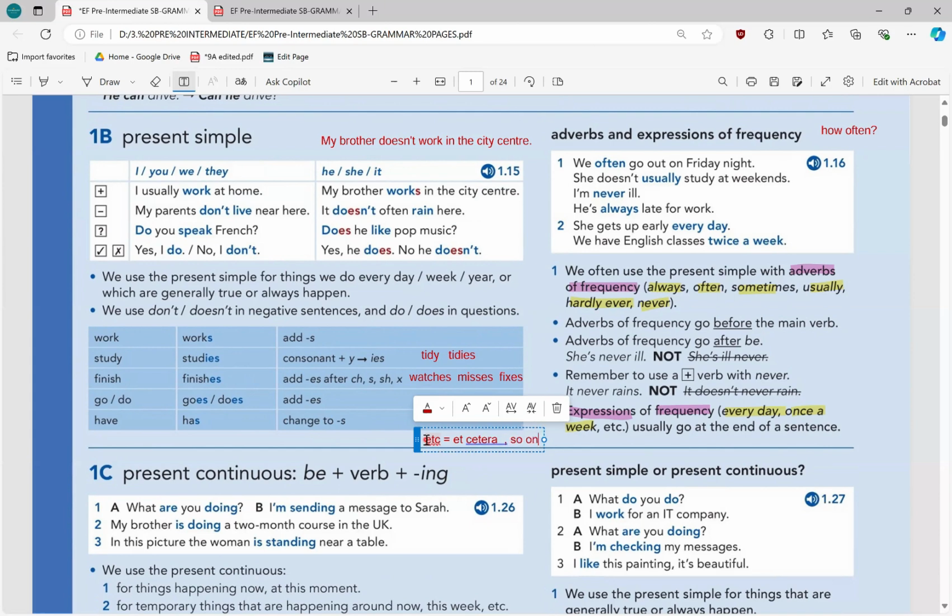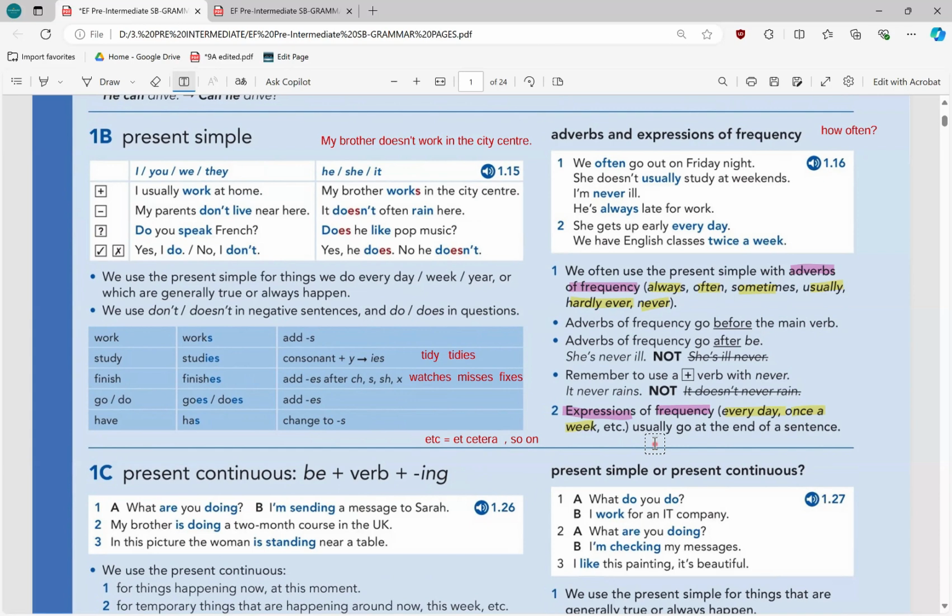When you want to give more examples, etc. So like once a week, once a month, once a year, or twice a week, twice a month, twice a year. Because these frequencies have got 2-3 words in them, we say expressions.